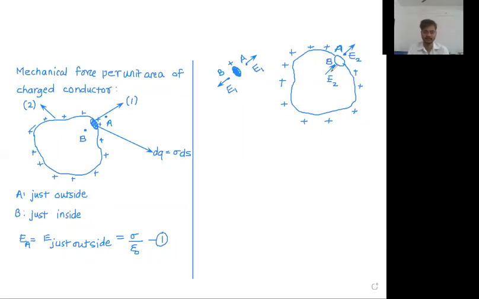Now try to understand. Direction of E2 at point B. What I said is this, Advait. Let's say you have any charged system. This is applicable to general logic.